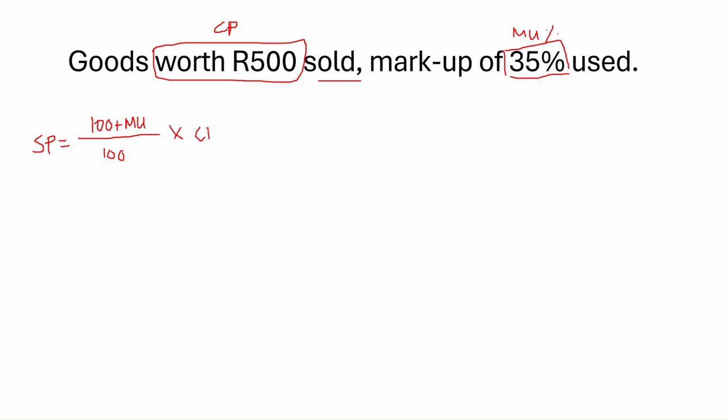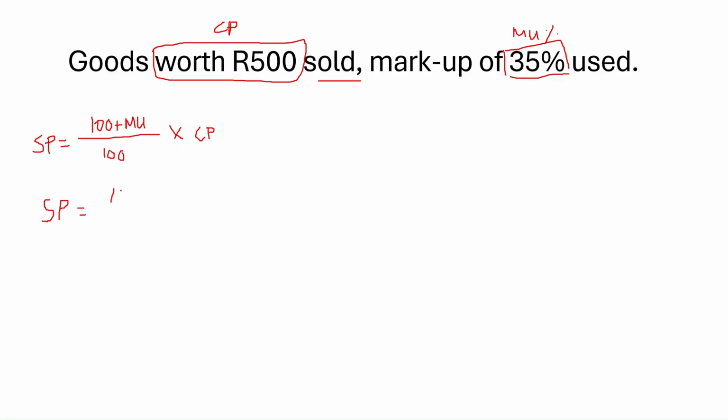So you can see it's kind of backwards, the selling price and the cost price formulas. Like the fraction is switched and we multiply by the cost price instead. So let's just substitute our values.